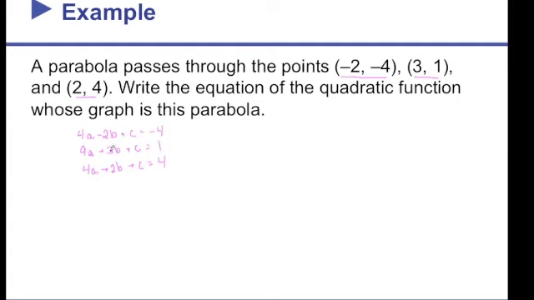If I add the top and bottom equation, I can get rid of the b, so I'll add these two. That will give me 8a, b's will be gone, plus 2c equals 0.